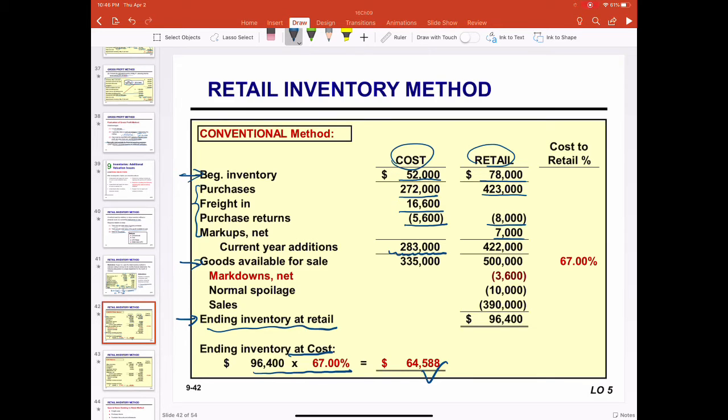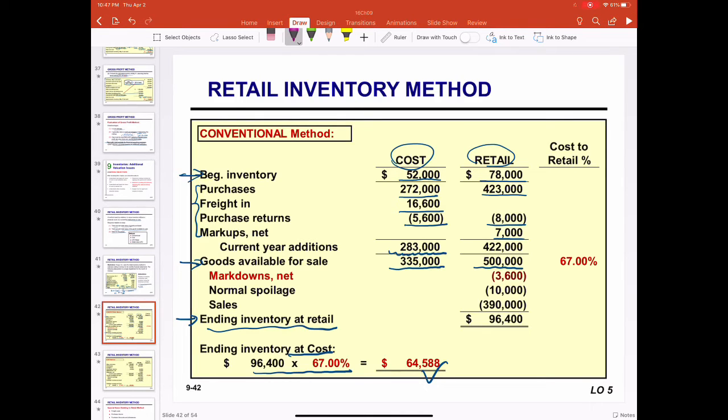Plus beginning inventory, we get the goods available for sale at cost. We also sum all the retail value of the beginning inventory and purchase after subtracting any purchase return and adding any markup. So we get 500,000 as the retail value of the goods available for sale.